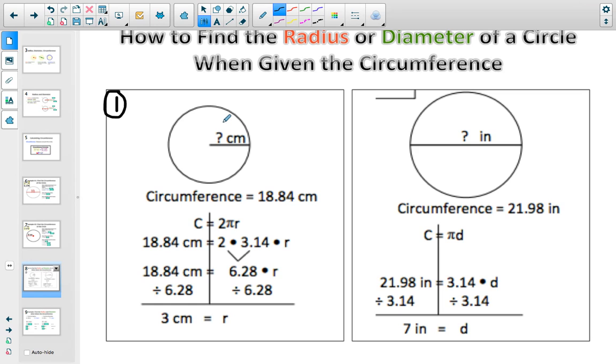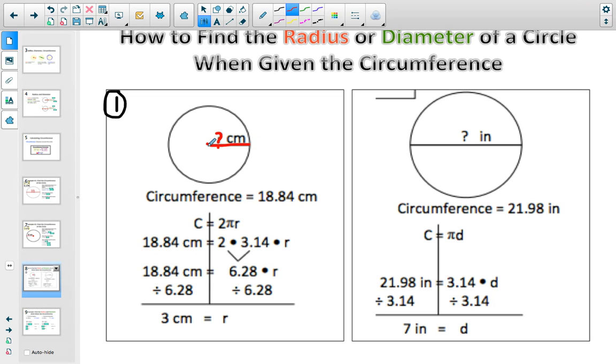So in number 1, we have a circle here and we have this question mark. What is this? This is what we're trying to solve for. So we need to identify what part of the circle this line is. Is this the diameter or is this the radius?